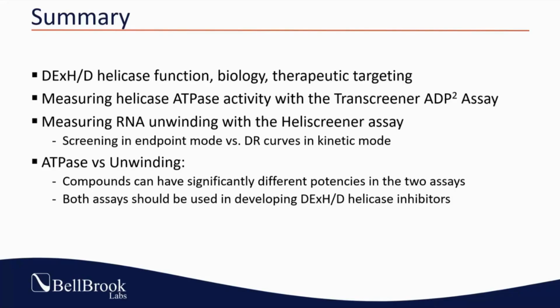And really, the bottom line is that we think that both assays should be used in developing dead box helicase inhibitors. And some of the people who are working most intensively in drug discovery in this area seem to agree with that.